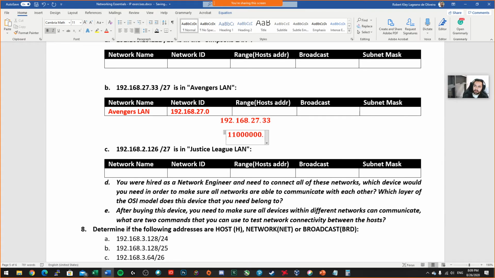Write the number in binary, guys. What's this number in binary? How does it look like? And 168? How does it look like? 10101000.